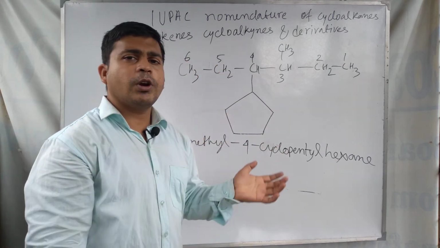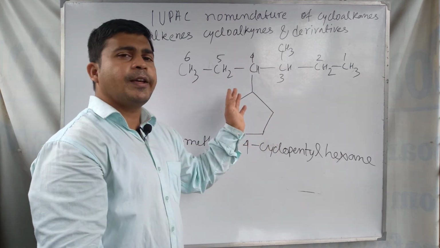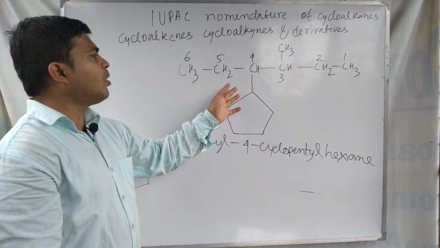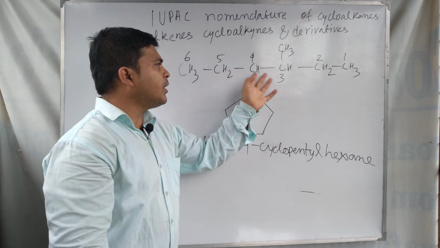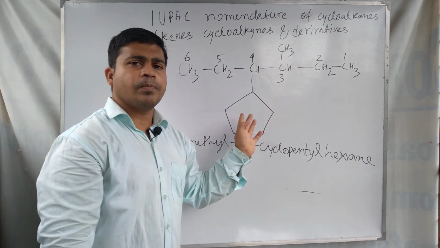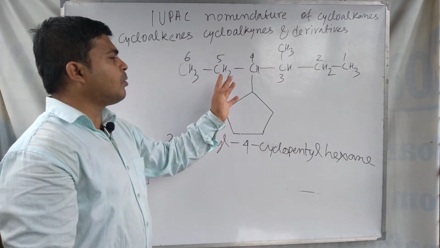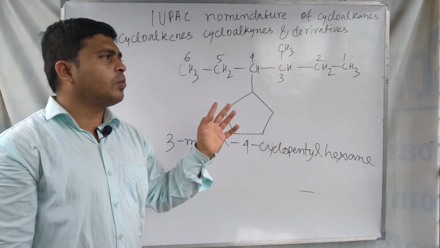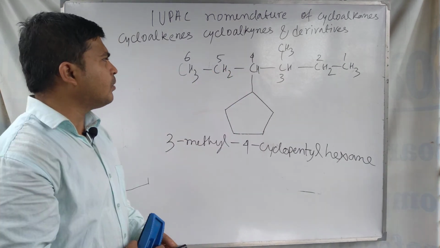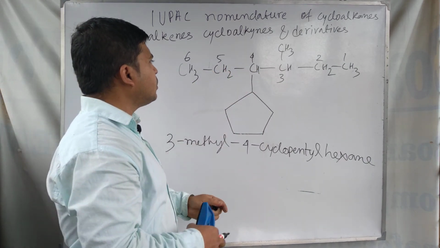So similarly, where a chain is present with the ring, that time you consider the number of carbons in the chain and the number of carbons in the ring. If the chain is longer than the ring, then the ring is considered as the substituent on the main chain, meaning the long carbon chain.